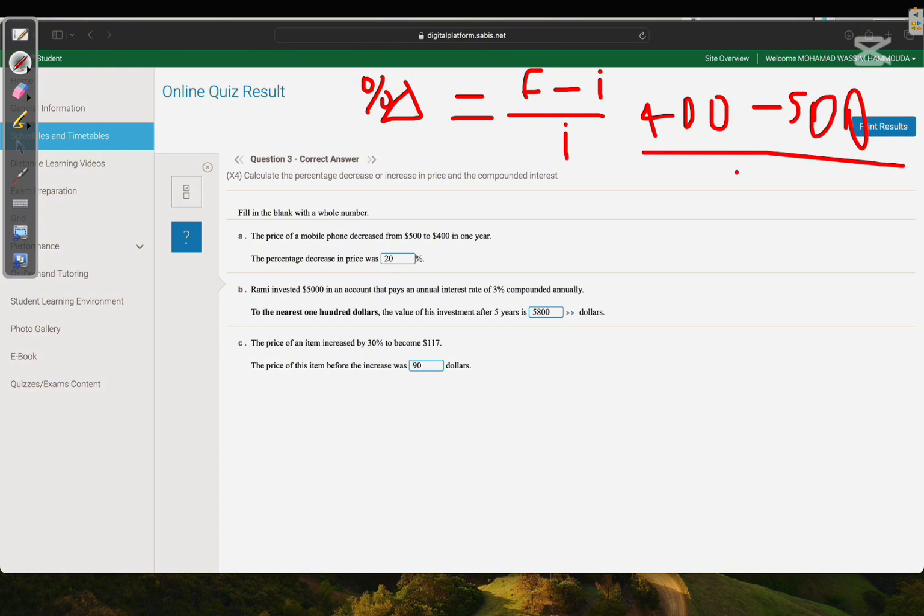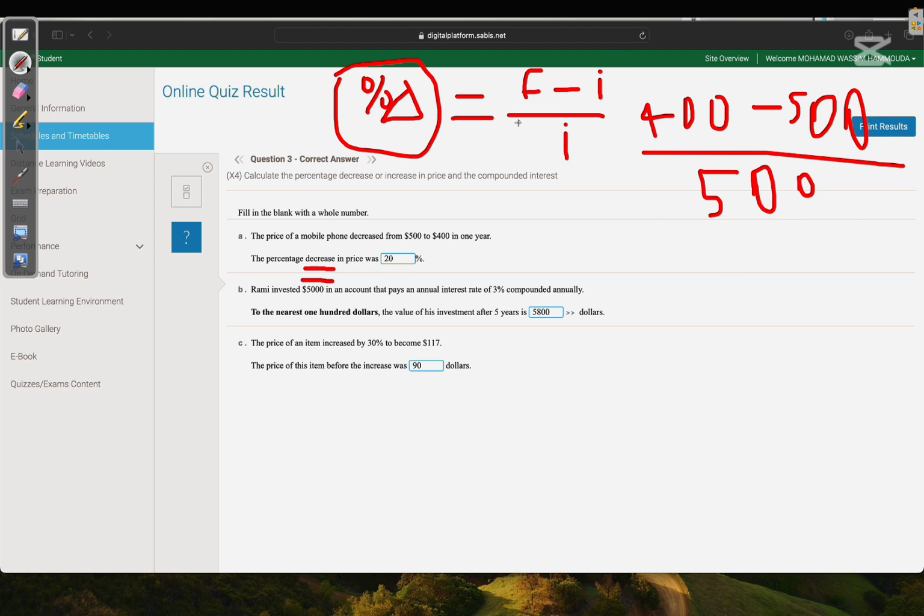over 500. But here, since they said percentage decrease, if the percentage change is negative, it's decreasing, so we just remove the negative either way. So as I said, it's 400 minus 500 over 500, and then you do that.